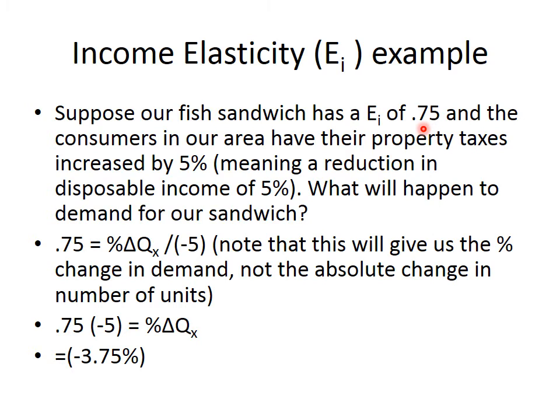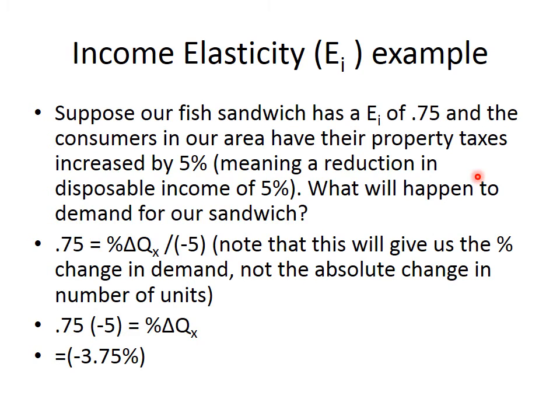Because the income change and the demand change are going to be going in the same direction. Income down, demand down; income up, demand up. That means by definition it's a normal good. If it were an inferior good, that coefficient would be negative, because income up, demand down, income down, demand up. So we know just going in, just by looking at that number, that it's a normal good. We need to go no further for that.